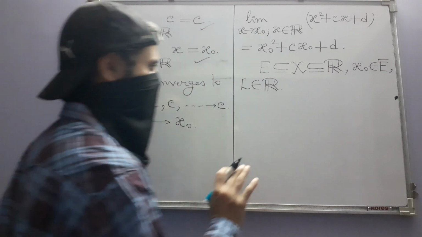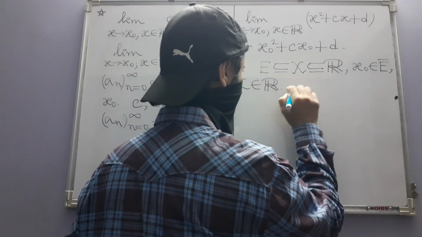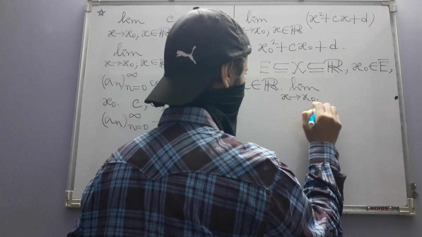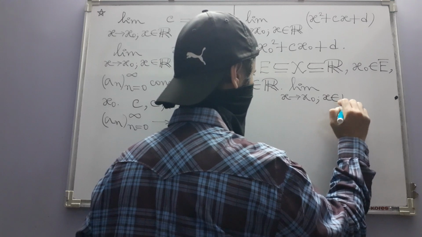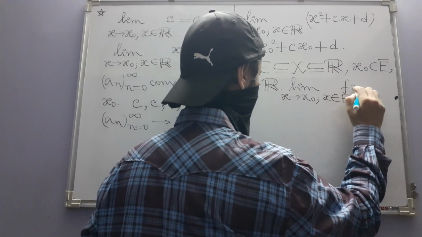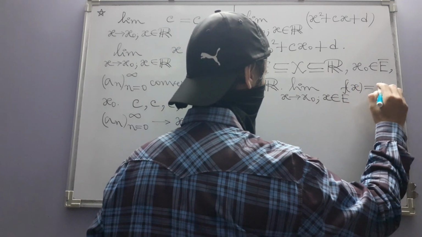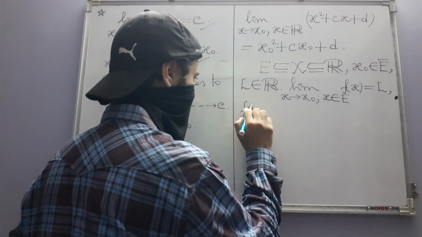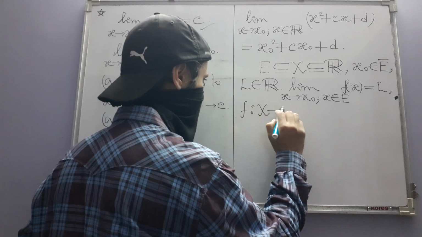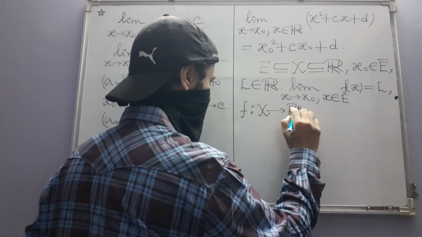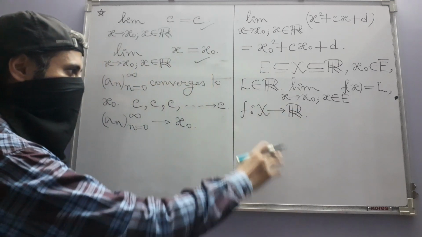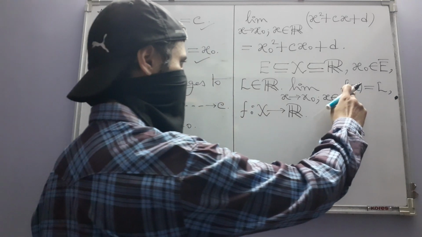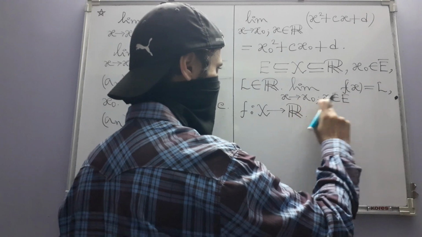And suppose we have this limit equal to L, but of course I forgot to say anything about f. f is a function which is real valued and has X as its domain. So that means f converges to L at x naught in E.